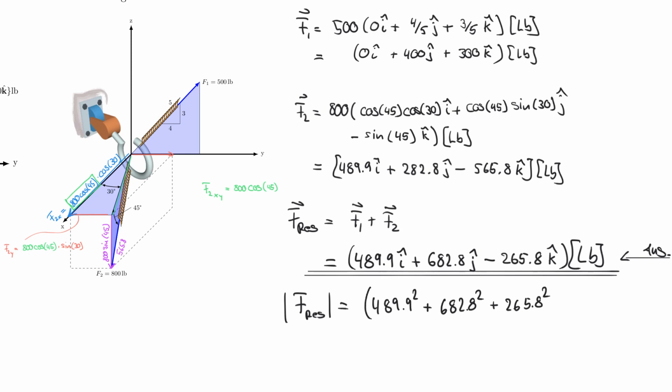And I prefer to actually raise it to the power of 1/2, because that's the same as the square root if I have such long expressions, so I don't have to draw such a long square root. But the answer, of course, is the same, and the answer in this case is 881.4 pounds. And once again, it's an answer, so I double underline, and I provide my answer error.